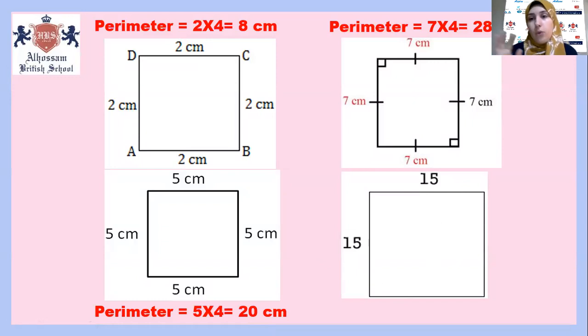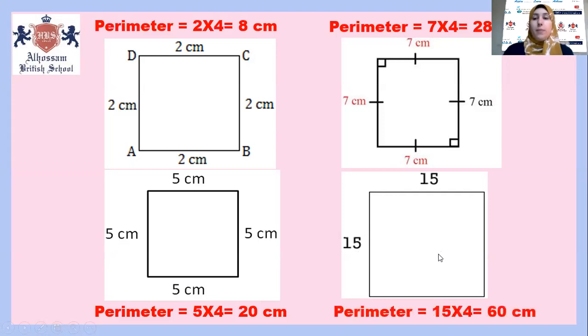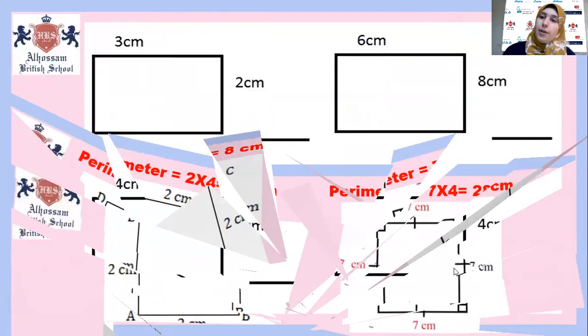And we, by default, know that all the sides of the square are equal because it's a square. So we can write it on 2, on 3, or on only 1. We know that the rest are the same length. So 15 multiplied by 4, because it's the rule of the perimeter of the square, equals 60 centimeters. Now, let's go to the rectangle.